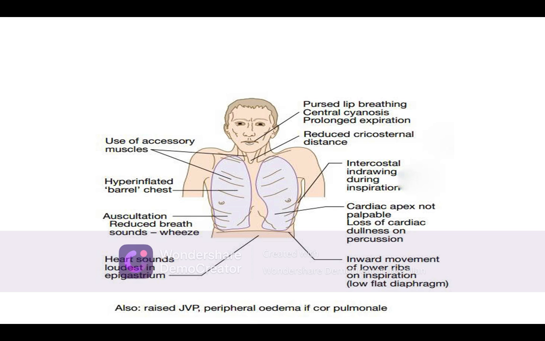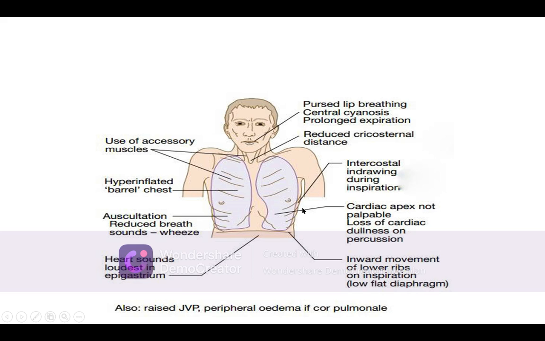Barrel-shaped chest, yes. You see in this diagram the accessory muscles are working, pursed lips expression, central cyanosis may be there, reduced cricosternal distance here, because the clavicles go up as the muscles are contracted: the sternocleidomastoid, trapezius, pectoralis major.